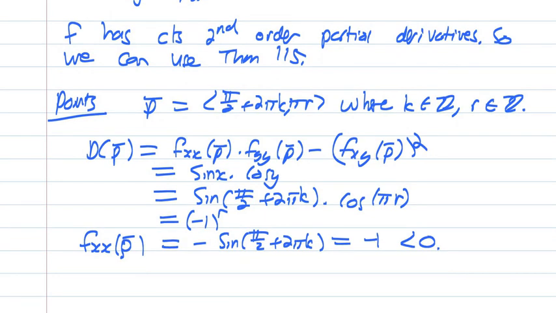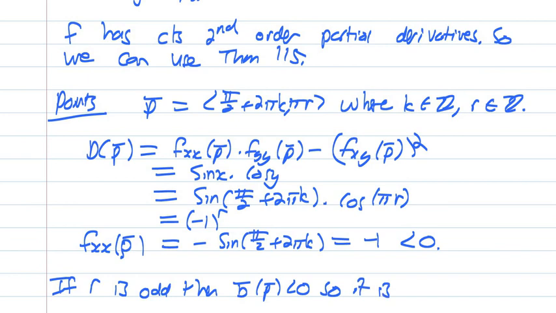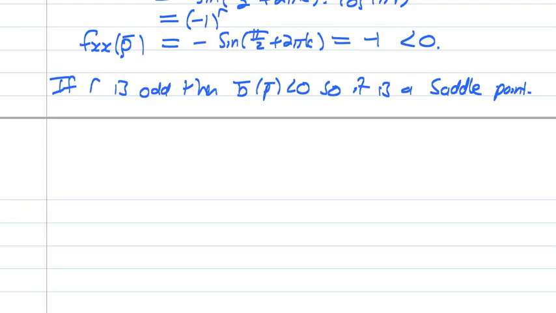Now we can see that whether d is positive or negative depends on what r is, so I'm going to have the following cases. If r is odd, then d at that point is negative, so it is a saddle point. We don't need to do any more than that. We know that if d is negative, it is a saddle point.